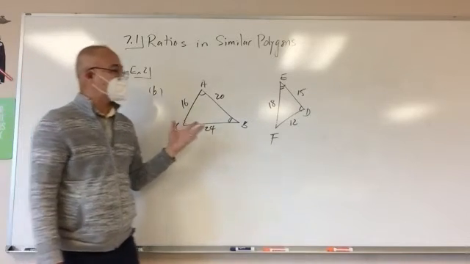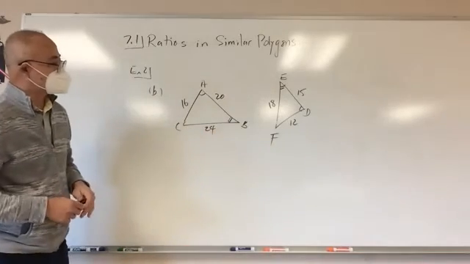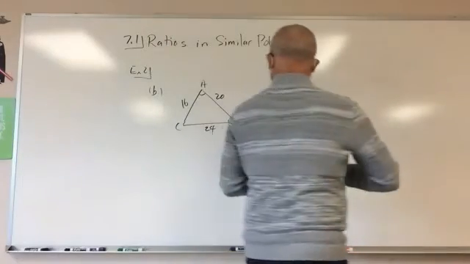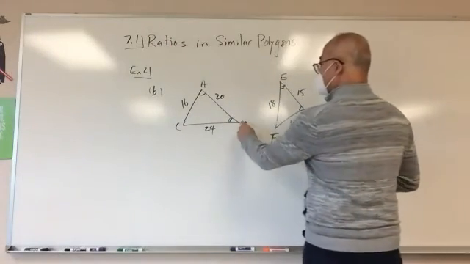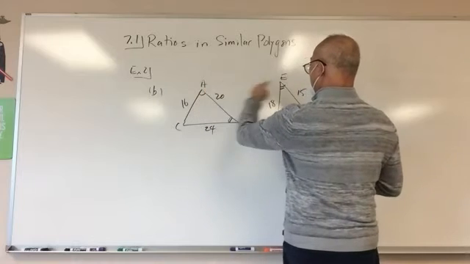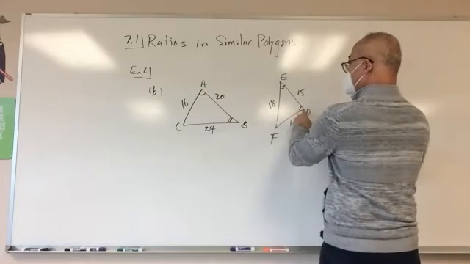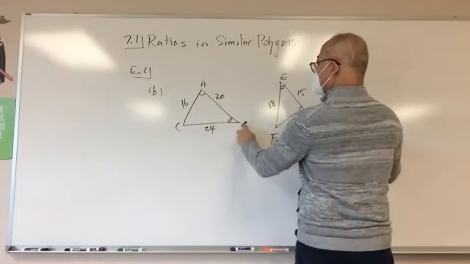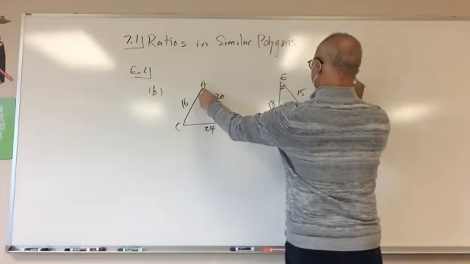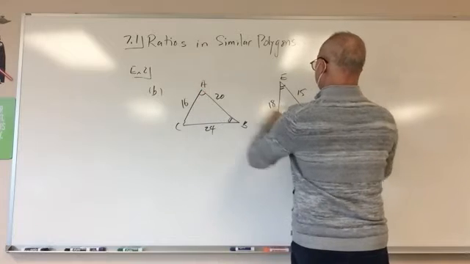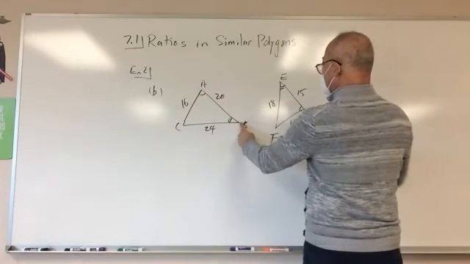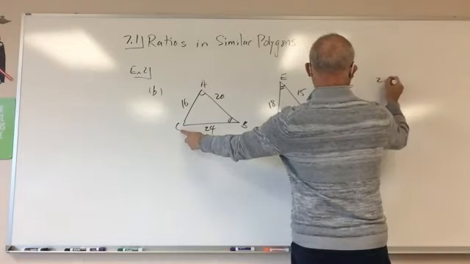Okay? All we have to check now is the lengths. So the lengths here, this guy to this guy would be this guy to this guy, correct? So let's say this guy to this guy, 20 over 15, right? This guy to this guy is 24.